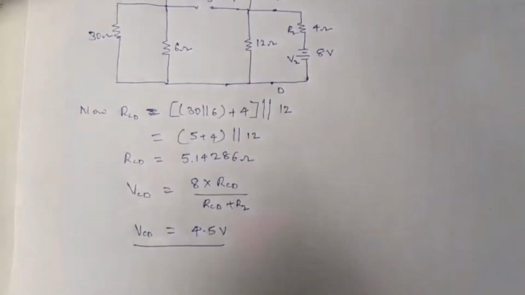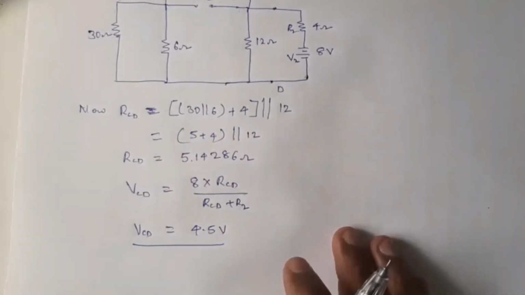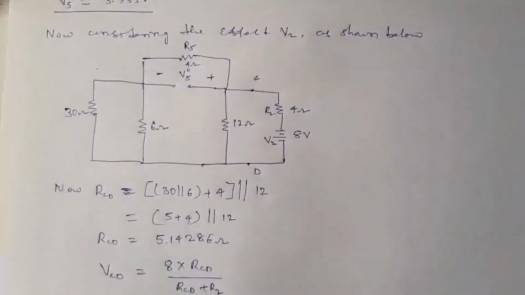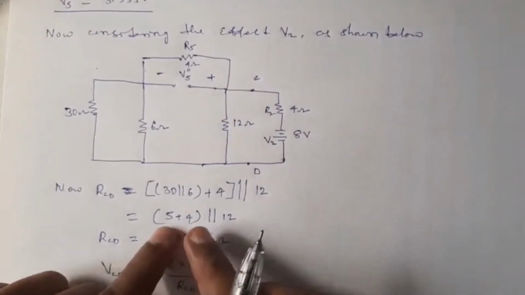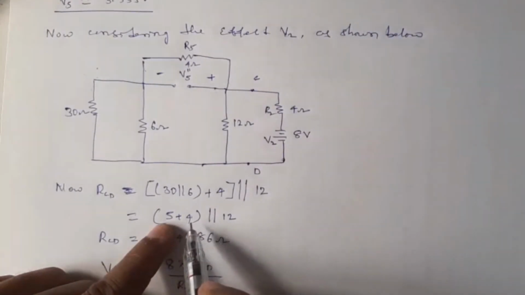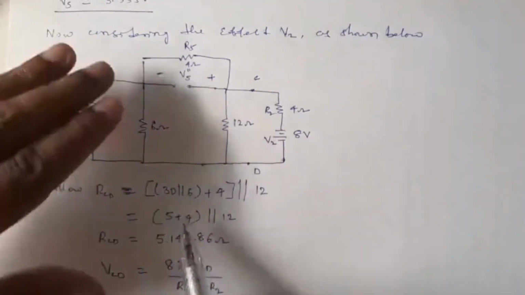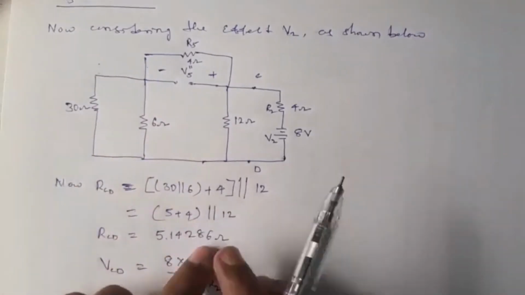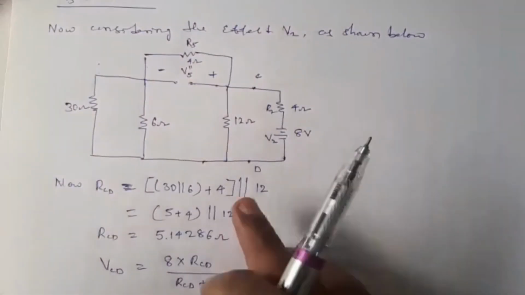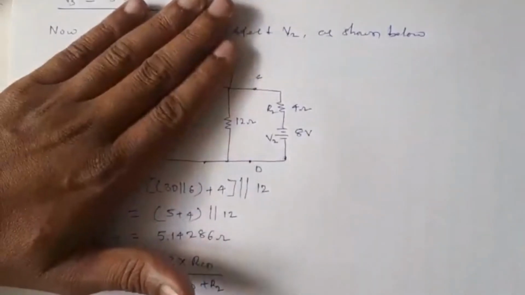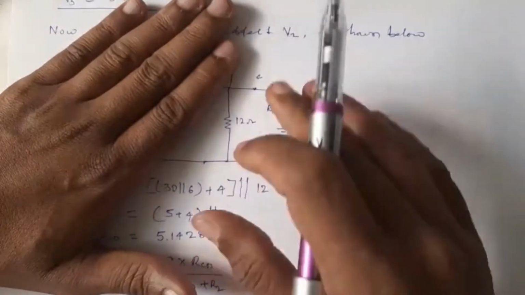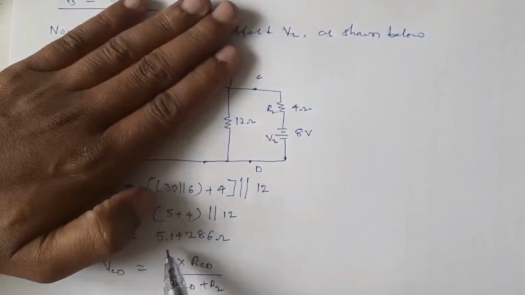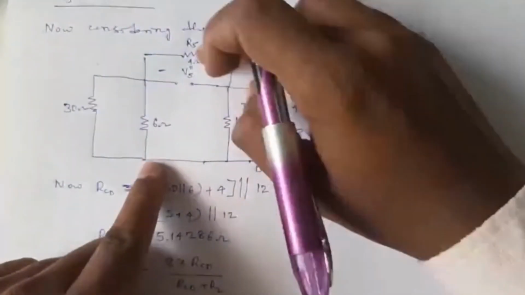Right? Now this VCD will divide. As we adopted earlier, across 5 plus 4 and across 12 there will be the same voltage. This is one branch and this is another branch. Across this branch you have VCD, and across the whole combination you have VCD.